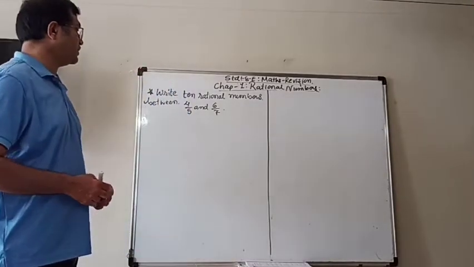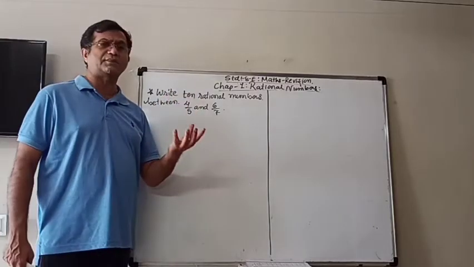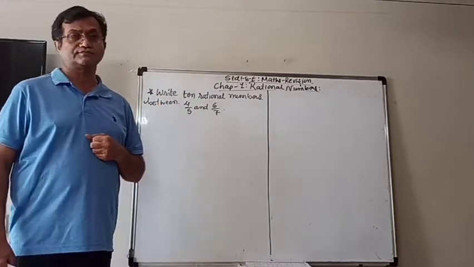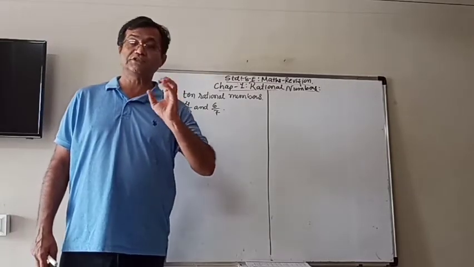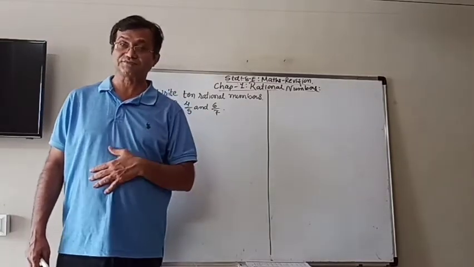So when we have to find any number of rational numbers between two numbers, first of all we have to make them with equal denominator, means like fractions.